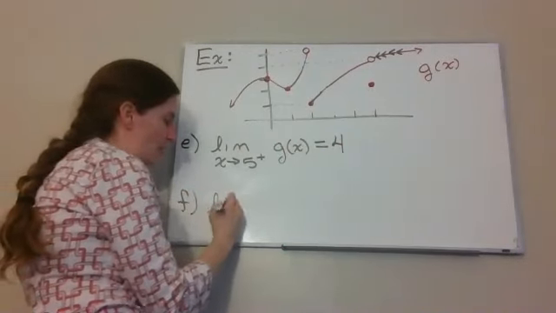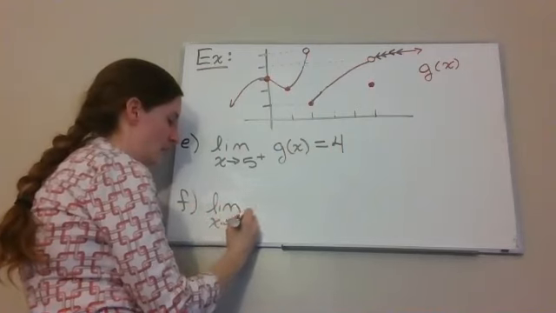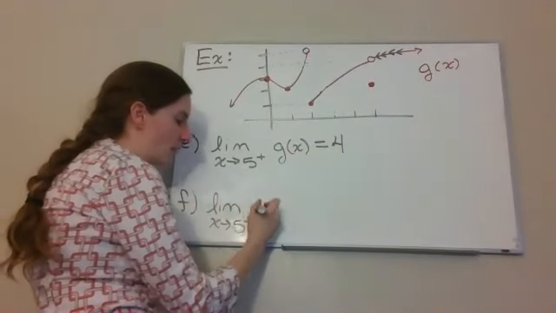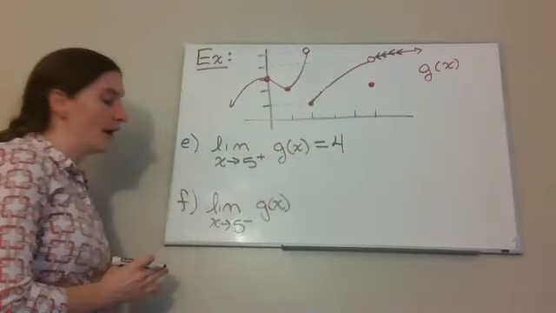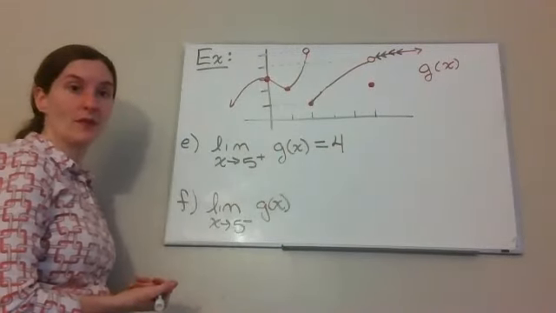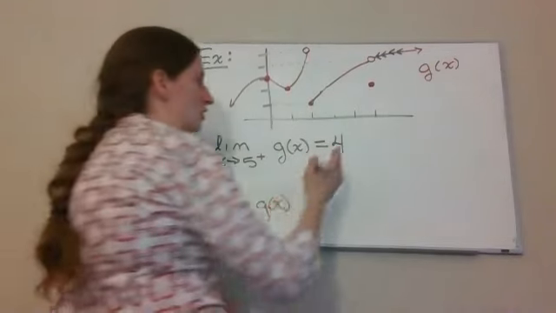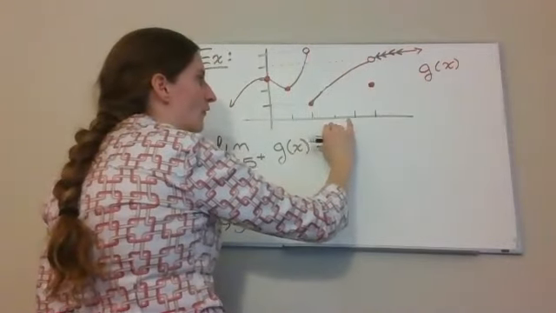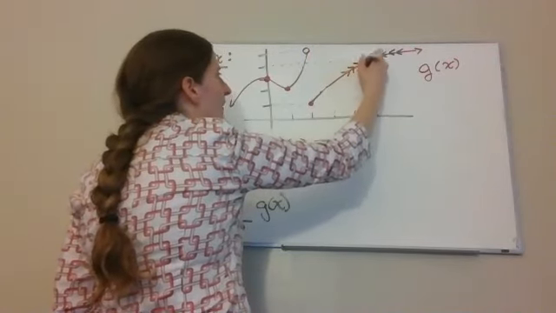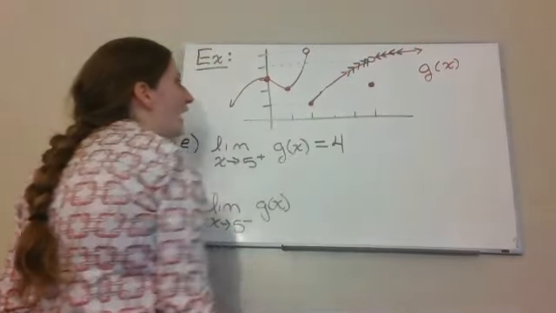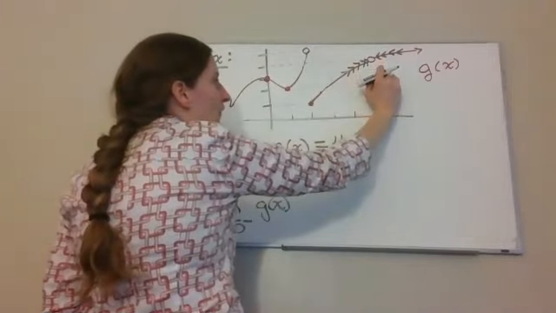Now let's try the same thing, but from the left side. To find the limit as we approach 5 from the left side, I need to look at numbers that are a little smaller than 5. So I'm coming from this left side, seeing what happens as I get closer and closer to 5 from this left side.